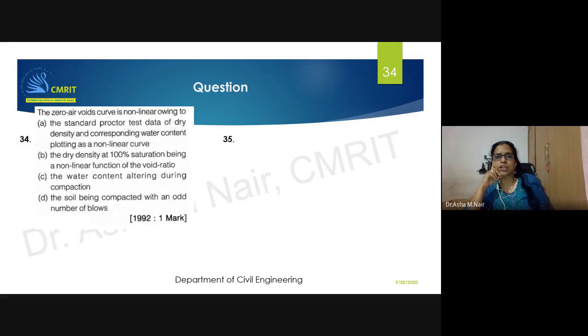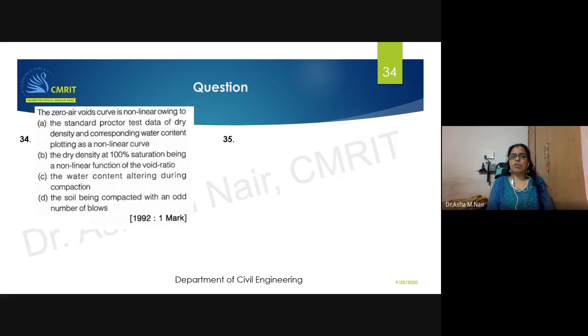The zero air void curve is a nonlinear curve owing to what? What is the reason why the zero air void curve is nonlinear? The options are: the standard Proctor test data of the dry density and corresponding water content plotting as a nonlinear curve, or the dry density at 100% saturation being a nonlinear function of the void ratio, or the water content altering during compaction, or the soil being compacted with an odd number of blows.